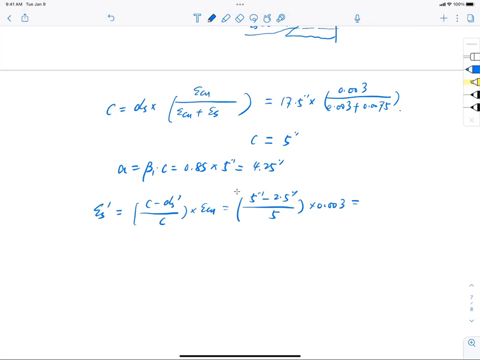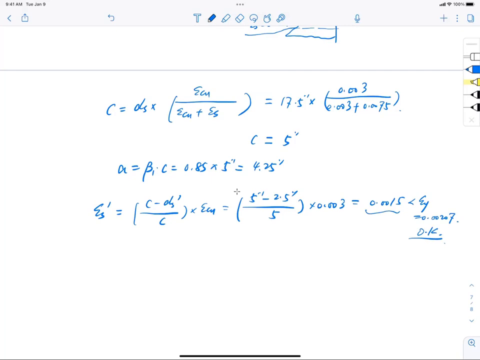This is basically 1/2 of 0.003, which is 0.0015. What does it mean? It means that this is less than the yield strain. Okay, it hasn't yielded yet, which is a good thing.